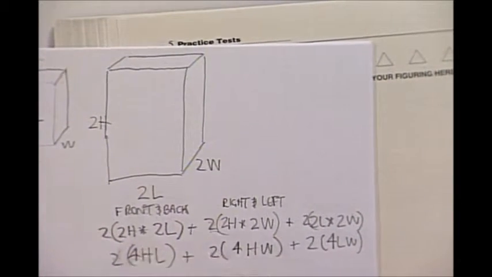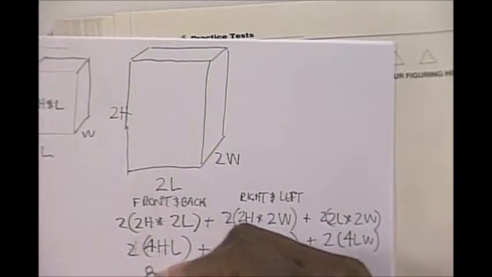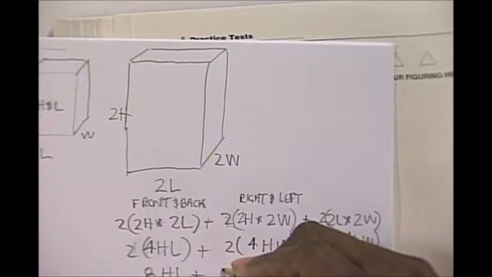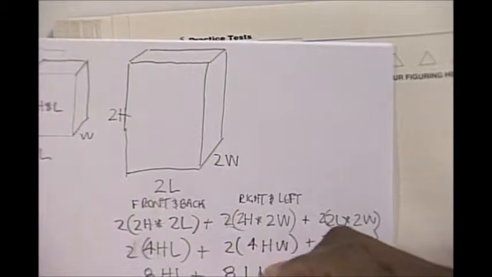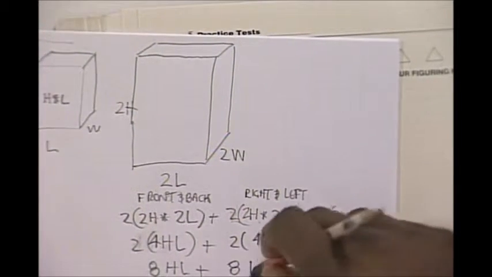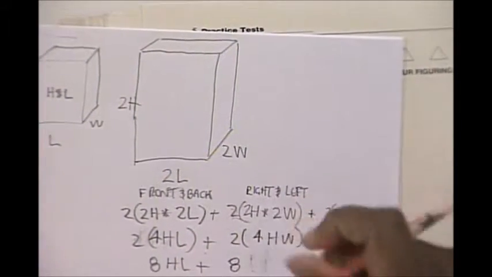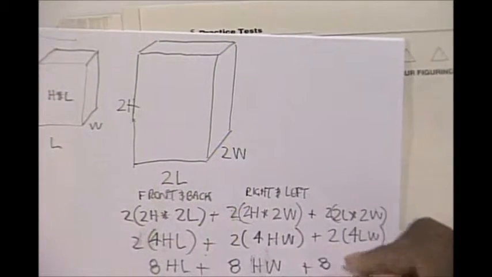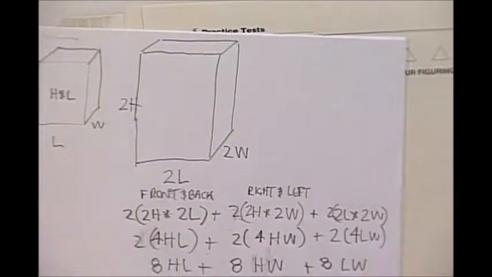So now what you have is 8 times the height times the length, plus 8 times the height times the width, plus 8 times the length times the width.